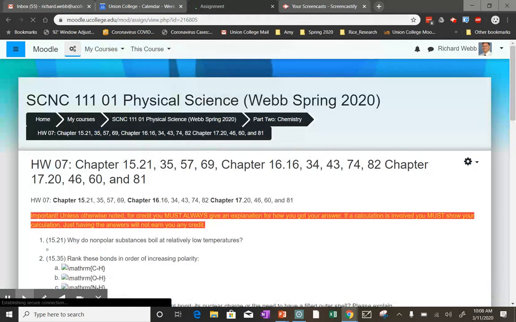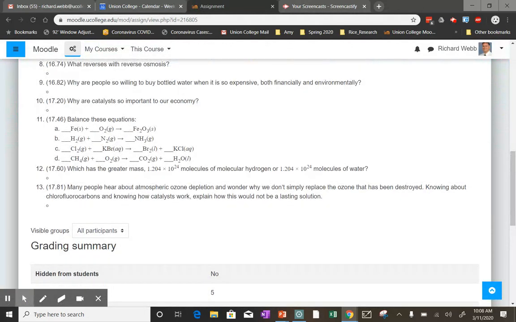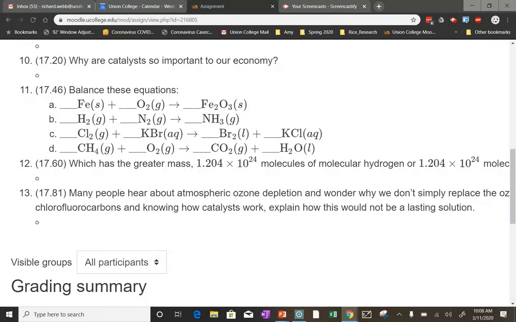All right, so here we go, number 11. Number 11 is about balancing equations. Like we talked about in class, what did we talk about balancing equations? That was Monday. Okay, so 17 is Monday, so there was some stuff that wasn't talked about Monday.